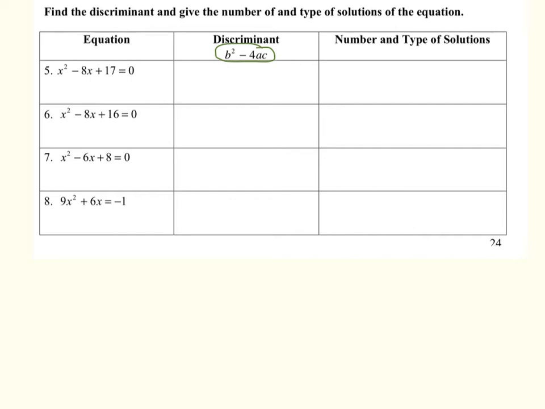So in example 5, the a value is the unwritten 1. So a equals 1, b equals negative 8, and c equals 17. So b squared, negative 8 squared, minus 4 times the a value times the c value.